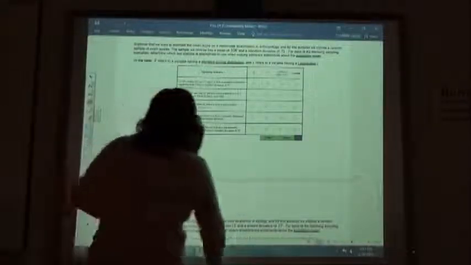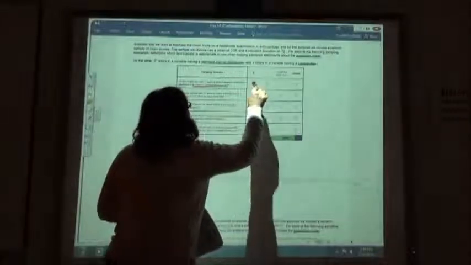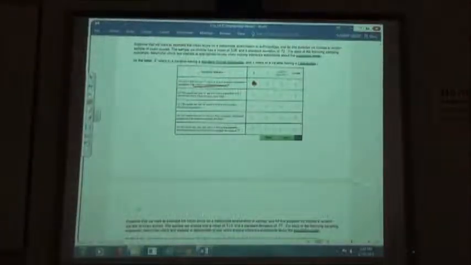All right, so here again, on number 1, our sample size is 17. It's from a normally distributed population with a known standard deviation. If it says that, which one are we going to use? The Z. Number 2, we have a sample size of 18. It's from a population distribution about which we know very little.